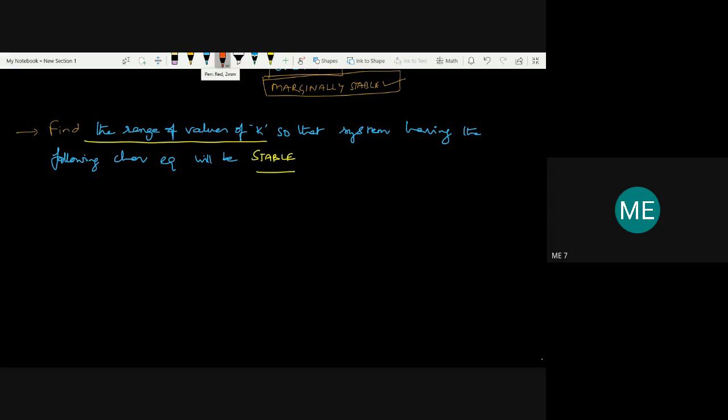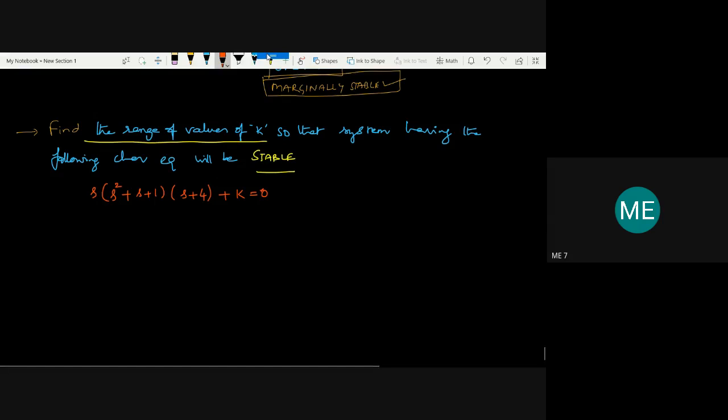So what is the characteristic equation given? The characteristic equation is given as s into (s square plus s plus 1) into (s plus 4), plus k equal to 0. Here he has not multiplied these terms, so we need to multiply them and then write the characteristic equation.